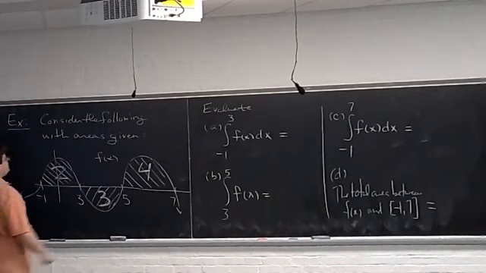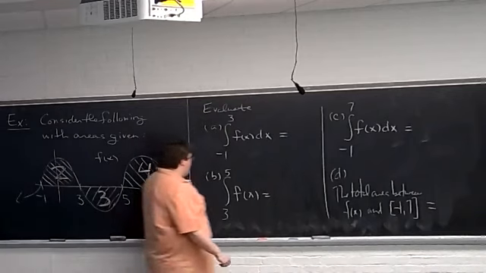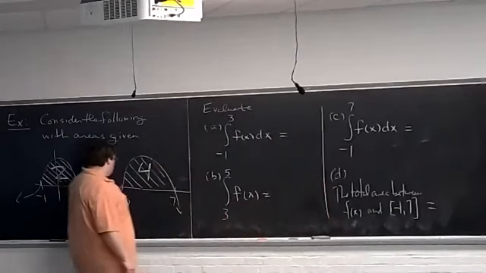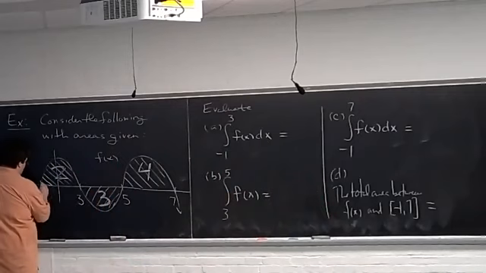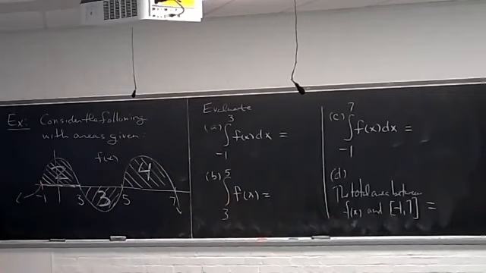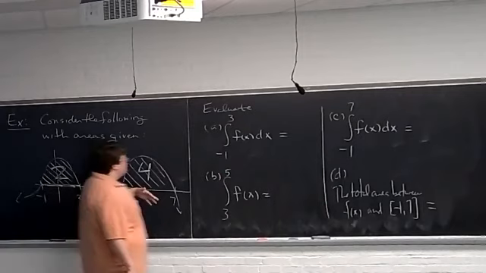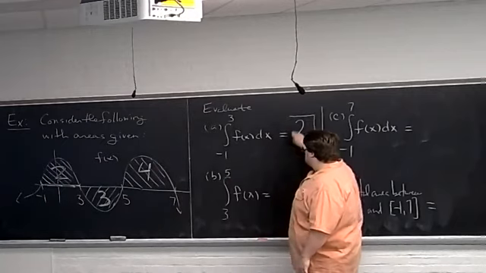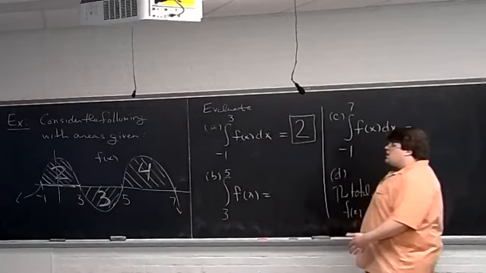First, part A, we're looking only from -1 to 3. What happens to this function from -1 to 3? There's a piece above the x-axis with area 2. The integral considers that positive.